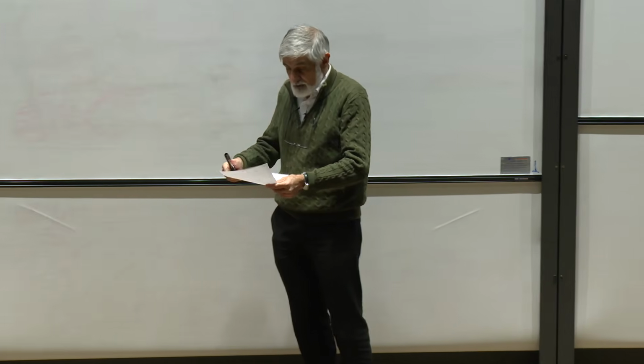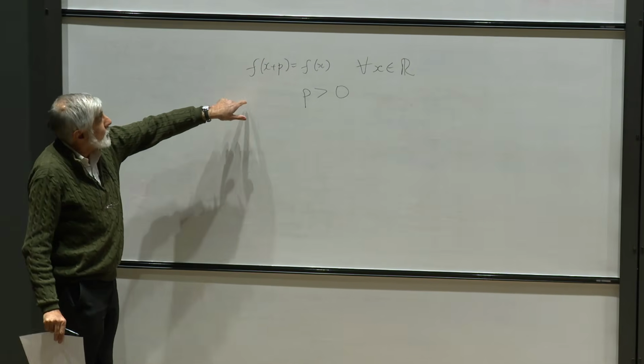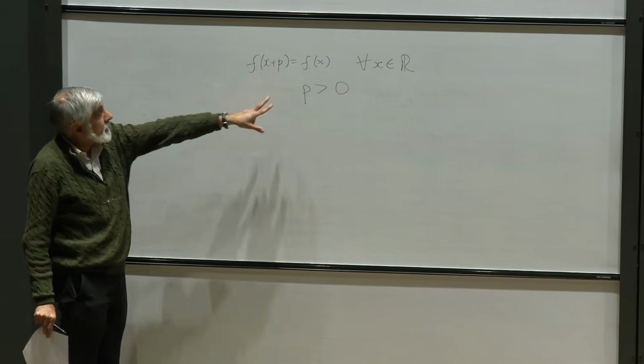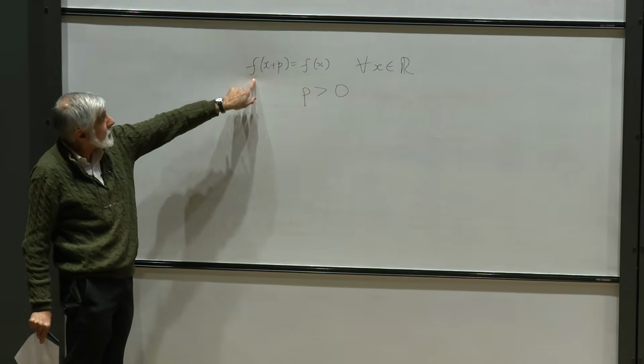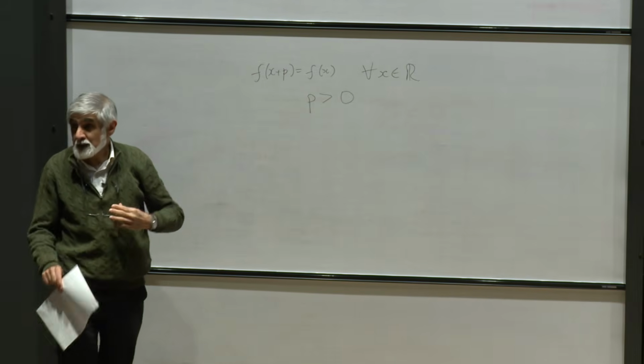So we finished the lecture last time with this definition for a periodic function: if f of x is defined for all x, and you can find a p bigger than 0 so that this holds for all x, then f is periodic with period p.